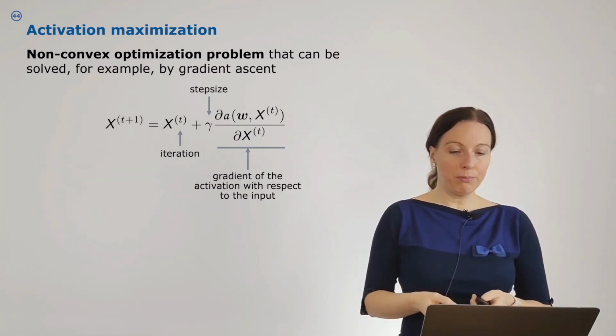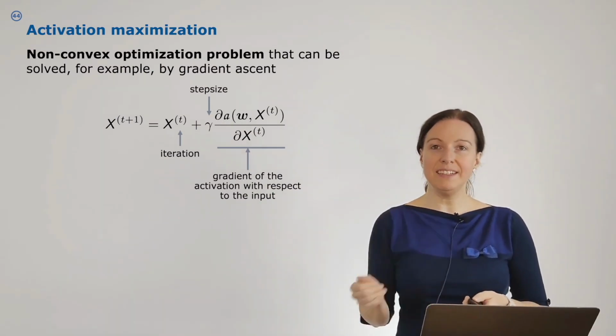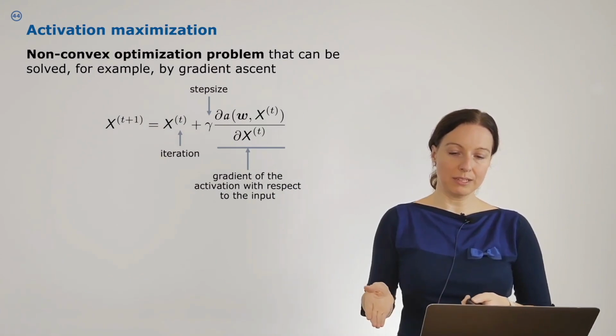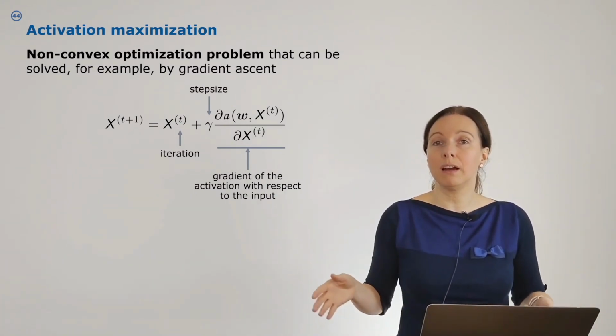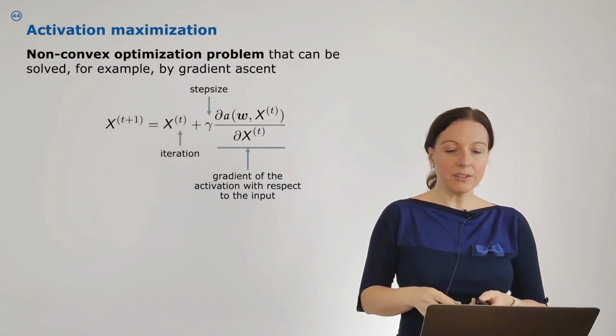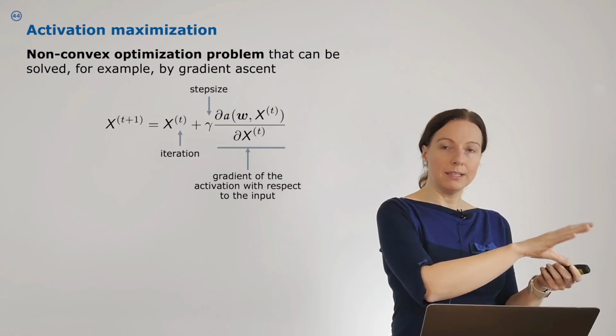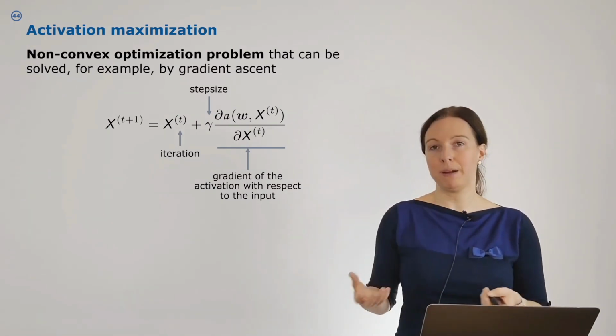Then we perform gradient ascent, which is similar to the gradient descent process that is used to train neural networks during the backpropagation process. The difference is that here we are optimizing the network input instead of the network parameters W.